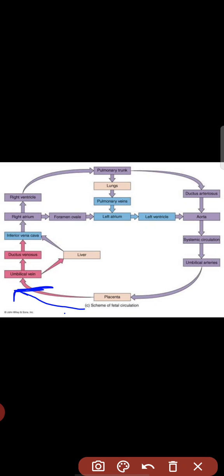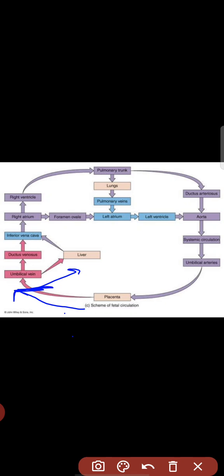Near about 50% of the blood, half of the blood of the left umbilical vein, is shunted to the inferior vena cava by the ductus venosum, which bypasses the liver, and the remaining blood goes to the liver.